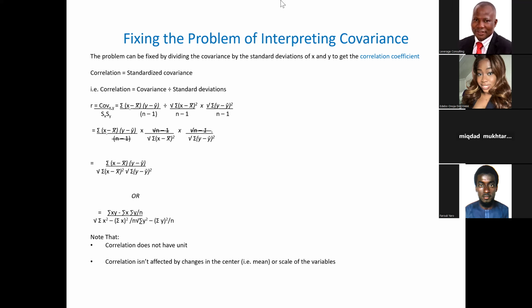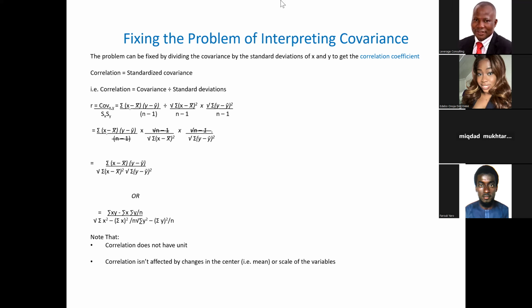It's the same thing here. If maybe you are dealing with height and weight, the unit may be kg and meter or centimeters. Since you have already divided by their standard deviation, which is the same unit, it has cancelled out. So what you have is dimensionless. It has no unit. So it's standard. It's universal, like the standard normal curve, z-score.